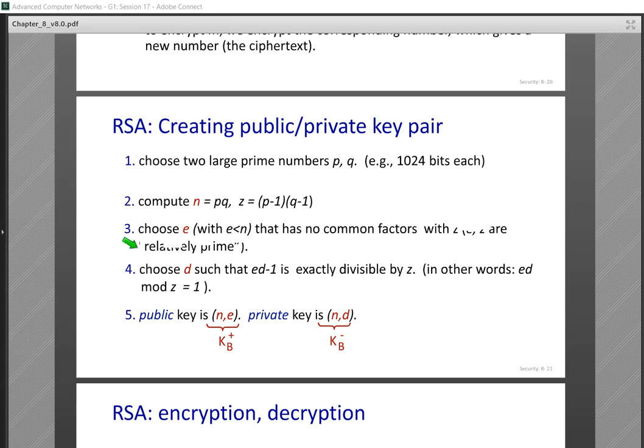It means that E and Z have no common divisor, I cannot, for example, divide Z by E or E by Z. Okay? Because it's relatively prime. Then we choose a D such that E times D minus 1 is exactly divisible by Z.